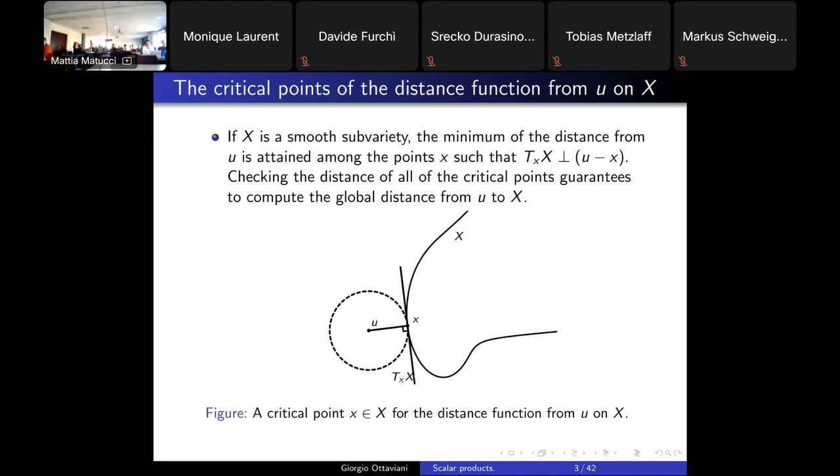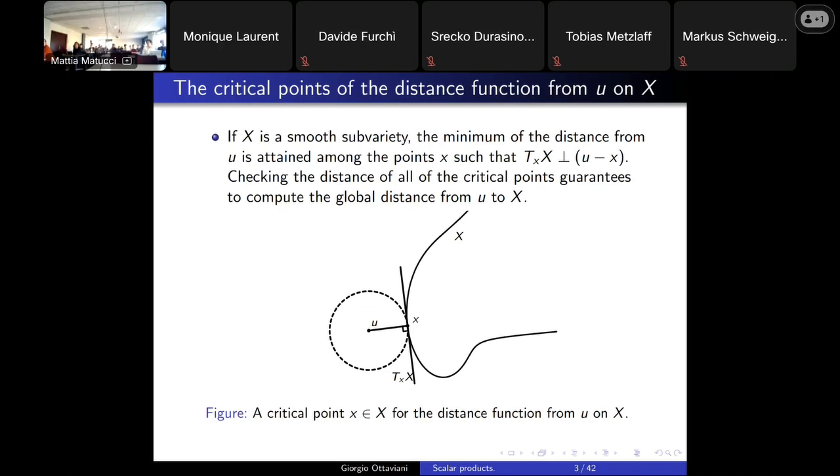So a possibility to be sure, to guarantee, to certify that what you found is really a minimum is to compute all critical points. And for general U, there are finitely many. So if you compute all critical points, you just compute the distance at each of them, and you can check the minimum, whether it is unique or not, depending on how many you have.